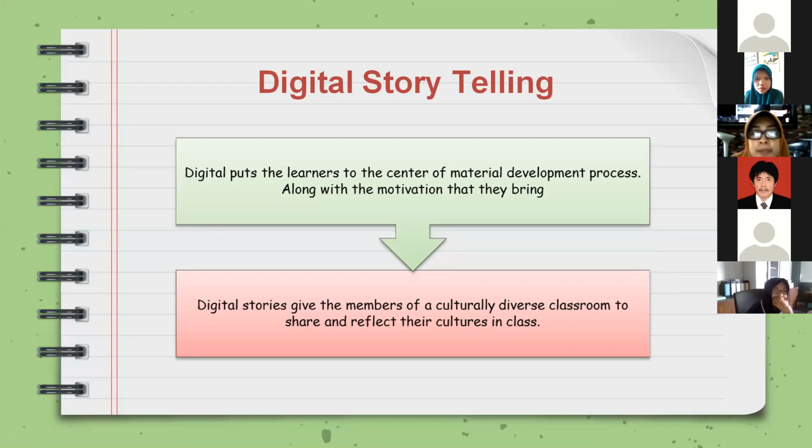This kind of digital story gives the members of a culturally diverse classroom a way to share and reflect their culture in class. If it's impossible for us as teachers to cater to all the cultural differences our students have, maybe this can be one of the solutions, where all students can share their own culture.